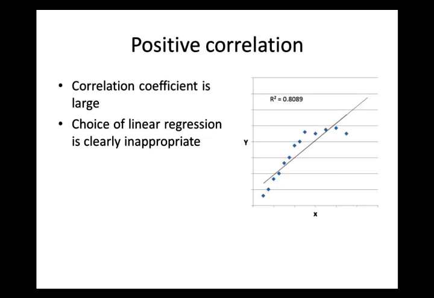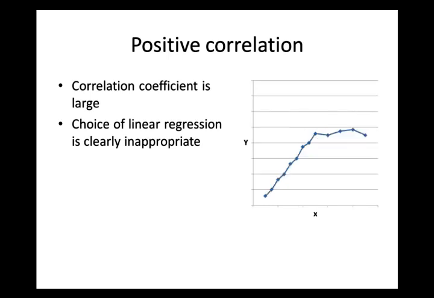The choice of a linear regression in this case is clearly inappropriate. It would be better either to try and draw a line of best fit by hand through data like this, or to join adjacent dots. The key point here is that if the data isn't linear, then the choice of linear regression and therefore of the correlation coefficient is clearly inappropriate in trying to analyse the data.